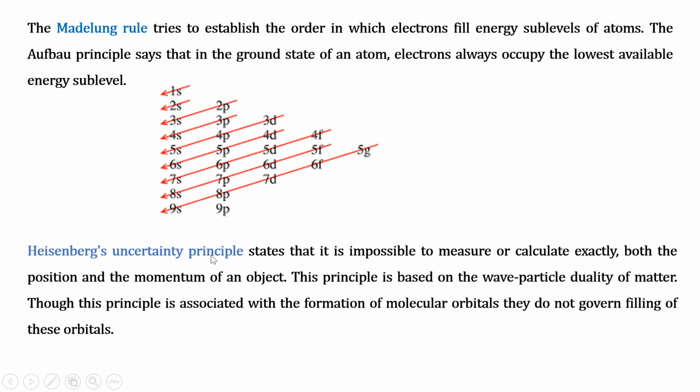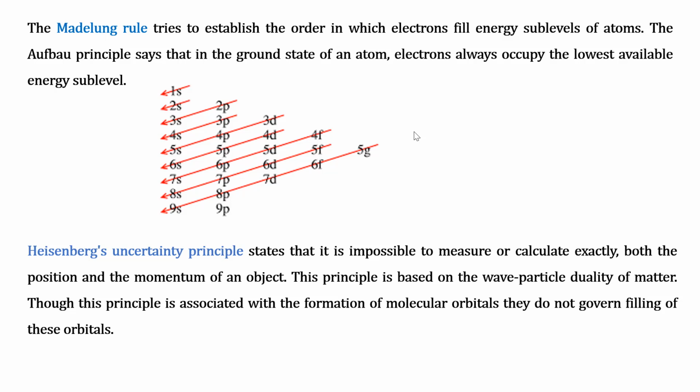Heisenberg's uncertainty principle tells us that it is impossible to measure or calculate exactly both the position and momentum. This is based on the dual nature of matter. Here you have to note that it is associated with the formation of molecular orbitals but not the filling of molecular orbitals. So the answer to our question is Heisenberg's uncertainty principle.